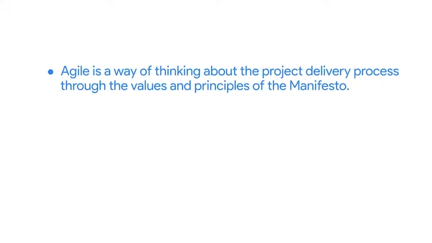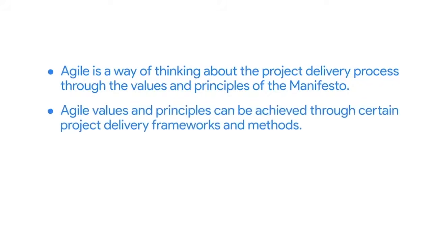Throughout these videos, we've explored Agile project management in a couple of different ways. First, we explored Agile as a way of thinking about the project delivery process through the values and principles outlined in the Agile manifesto. Second, we explored Agile through different project delivery frameworks and methods like Kanban, XP, and Lean, and especially through Scrum.